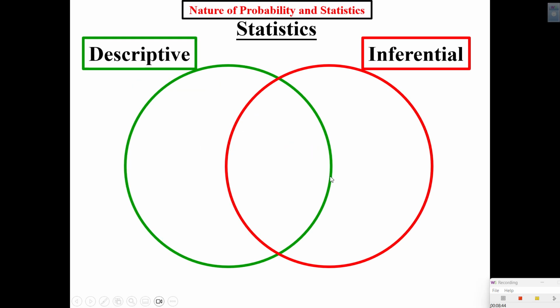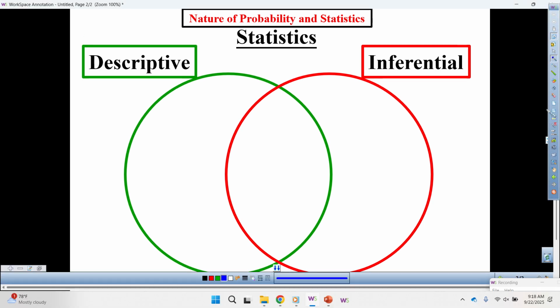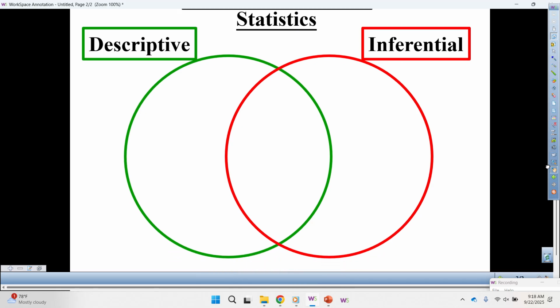Next, look at it. Descriptive versus inferential. Tell your neighbor a keyword for descriptive and a keyword for inferential. What's the difference between one and the other? And Gio's going to pass it to someone. All right, Gio, pass to someone. Focus, please. Enrique, what would be a keyword for descriptive?